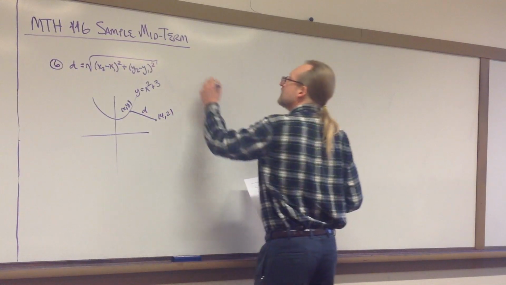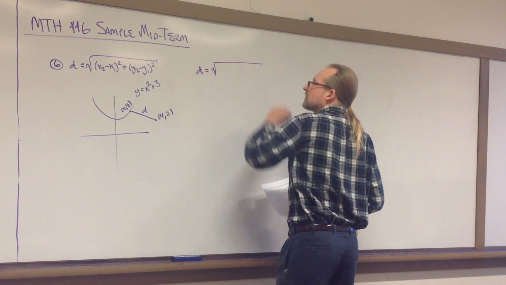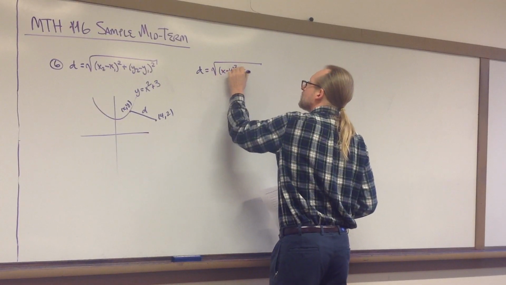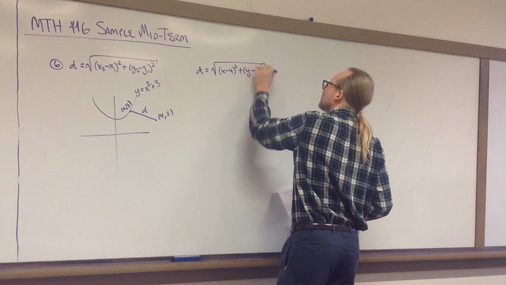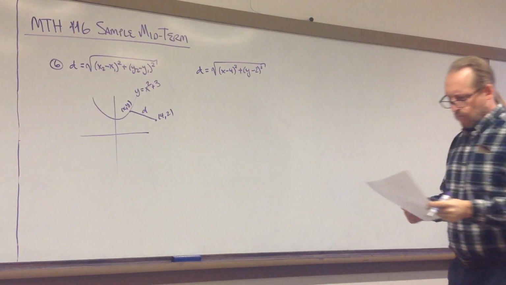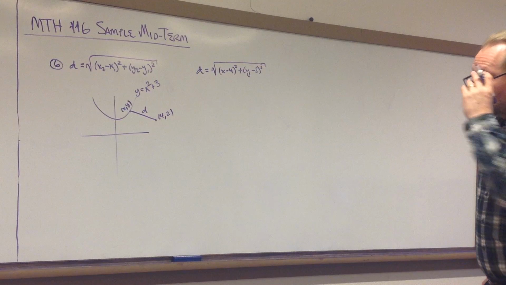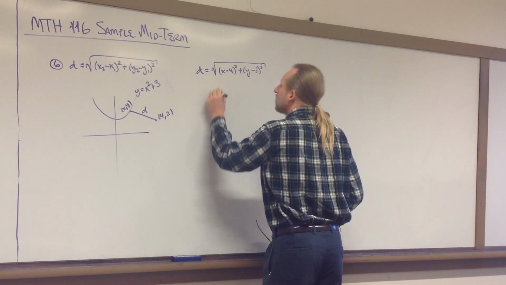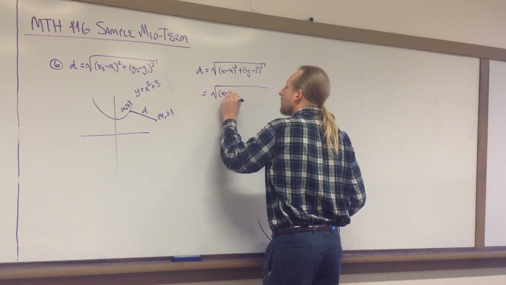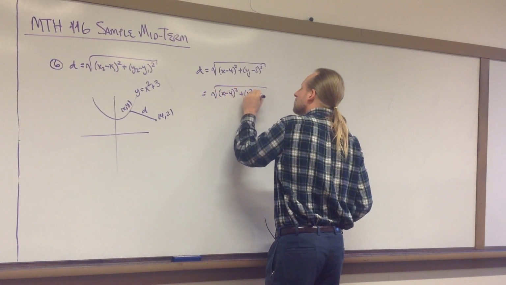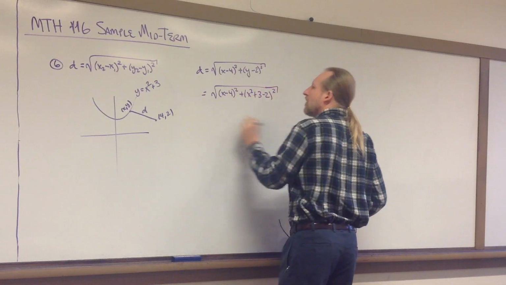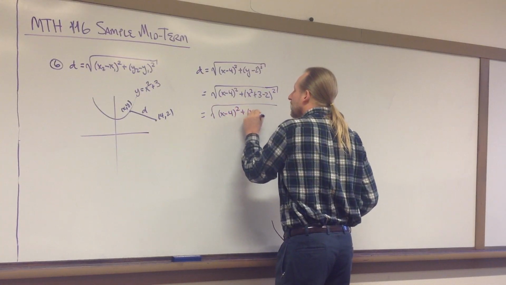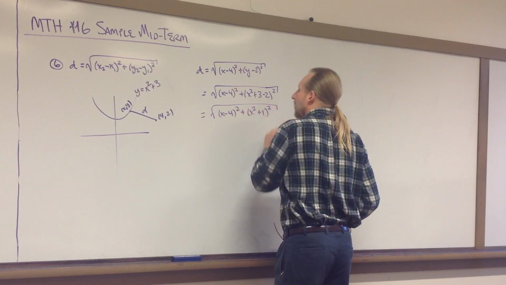So our distance then is going to be the square root of x minus 4 all squared plus y minus 2 all squared. But then, remember, we want to express this as a function of x, so we're going to replace that y with x squared plus 3. And so, x minus 4 all squared plus x squared plus 1 all squared.